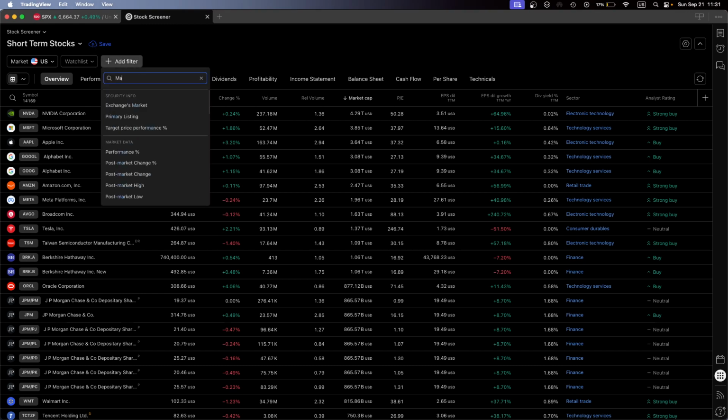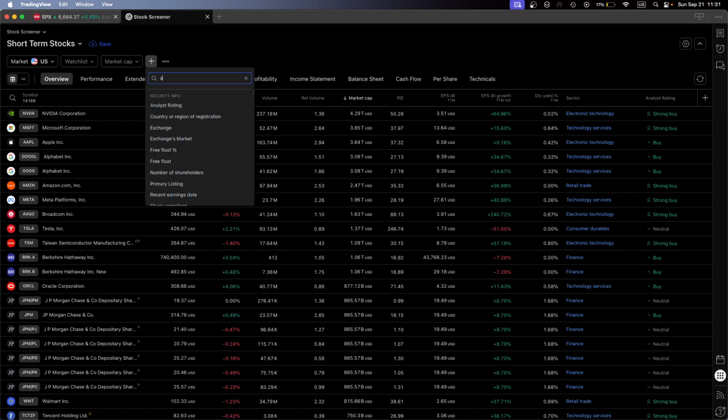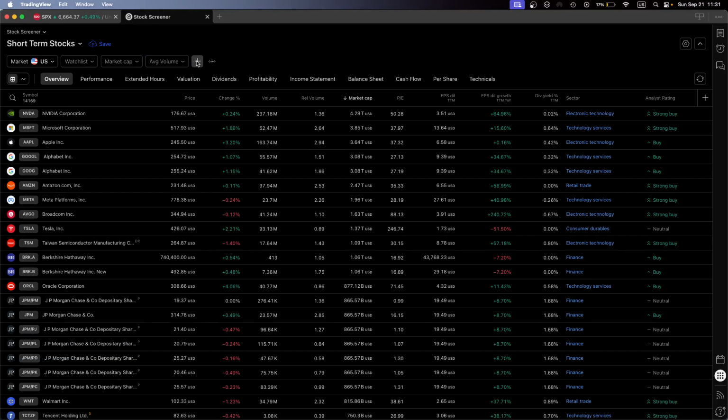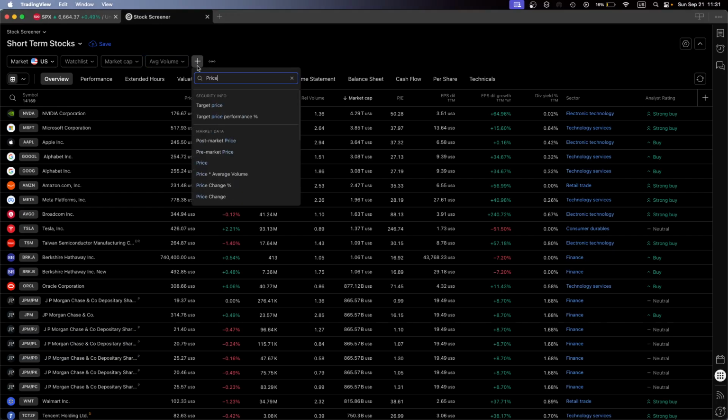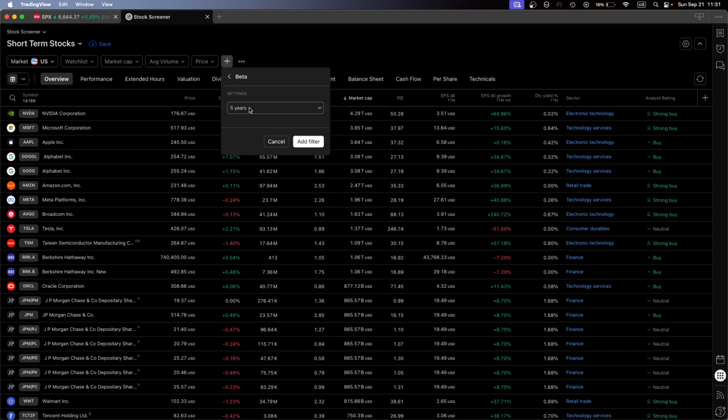So this is market capitalization. So first I will add everything first, then I will explain what each of it is. Okay, so average volume, this one will go to 30 days. Next is price, and then next is beta.